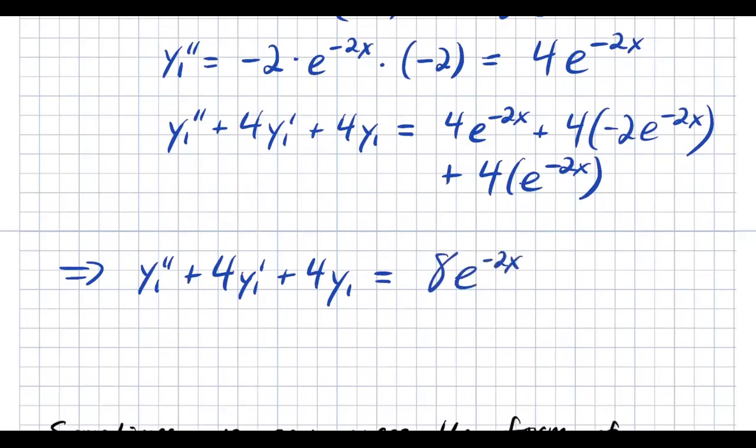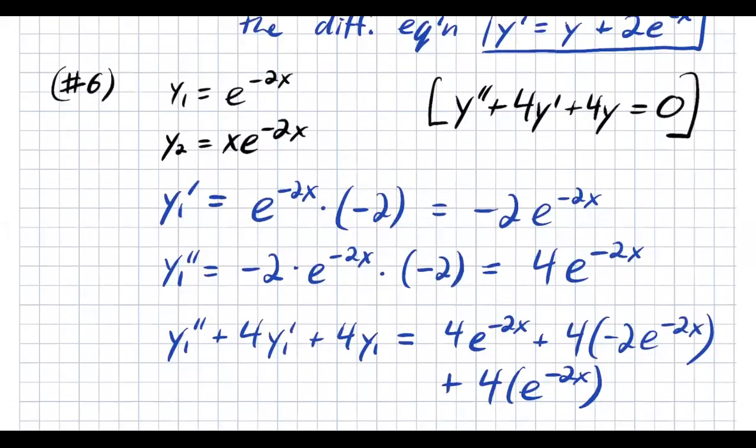So that takes care of those. And then over here, we have 4 times negative 2e to the negative 2x, which gives us negative 8e to the negative 2x. And we get that this is equal to 0. So that means that y1 is indeed a solution to this differential equation.